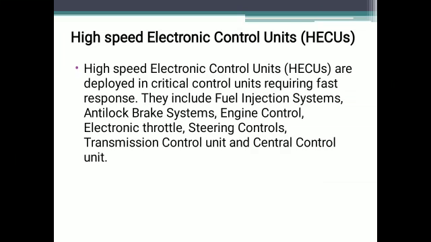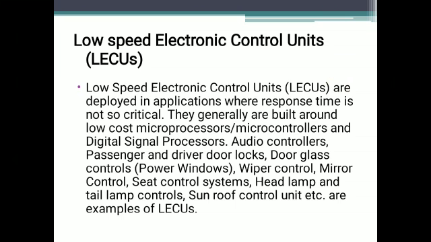Where we require high speed response from an electronic component, we go for HECUs. Now coming to low speed electronic control units, LECUs, are deployed in applications where response time is not so critical, right? If you compare with the previous ECU, their response was highly time critical. For example, ABS, obviously it has to stop the vehicle within the time, it has to respond. That is the ECU meant for ABS.